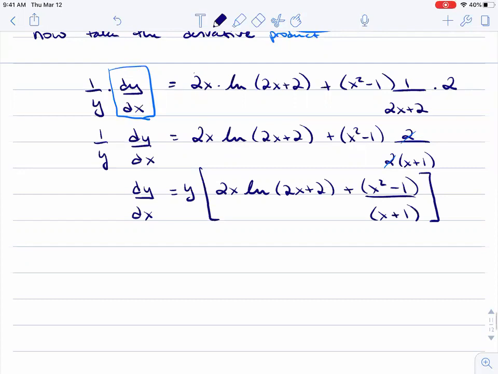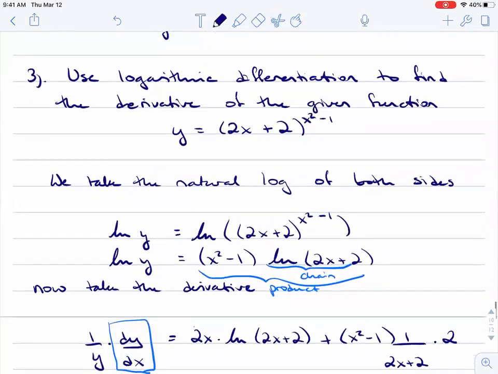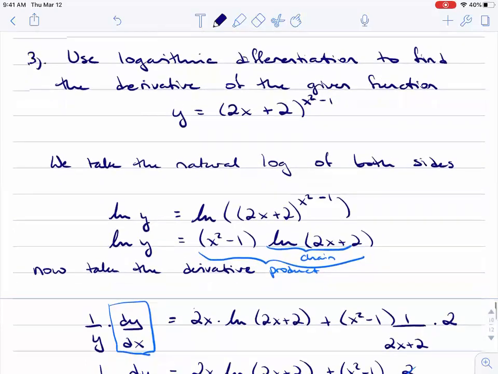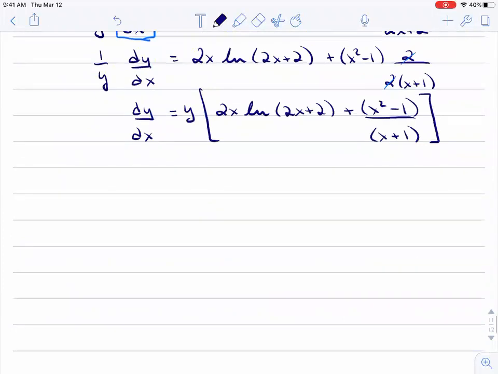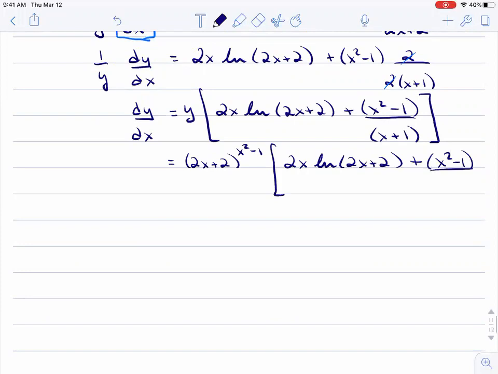Remembering that y, right, we know what y is, right? So we just plug that in for y, (2x plus 2) to the x squared minus 1. So (2x plus 2) to the x squared minus 1 times 2x log of 2x plus 2 plus x squared minus 1 over x plus 1. And that's it. Then we're done.